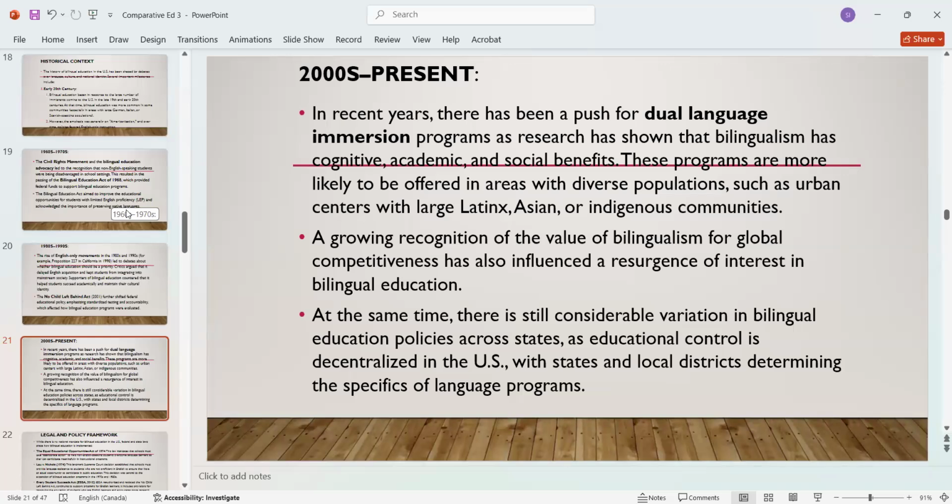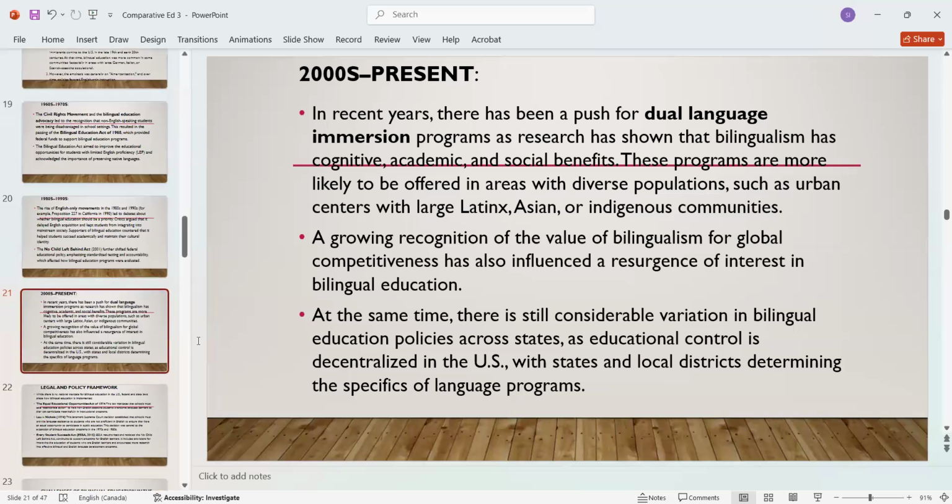At the same time, there is still considerable variation in bilingual education policies across states, as educational control is decentralized in the US, with states and local districts determining the specifics of language programs. So after 2000, they have made some changes in the policies.